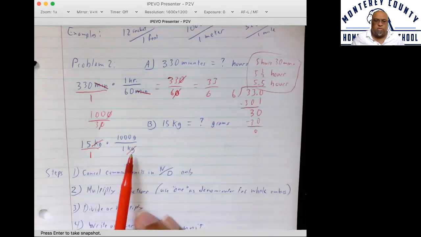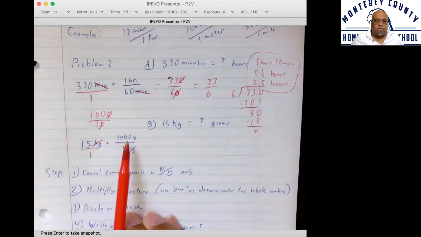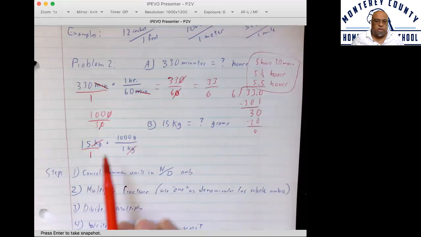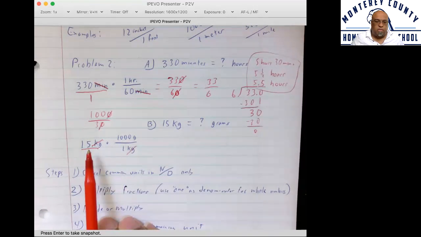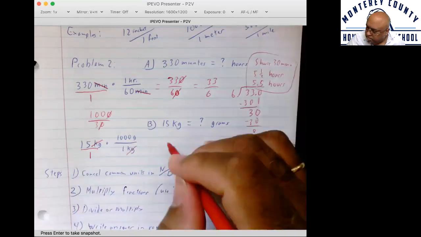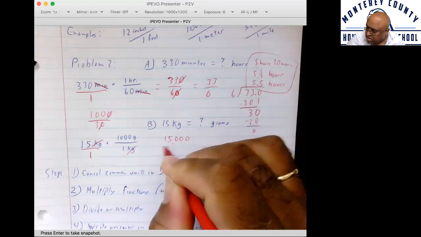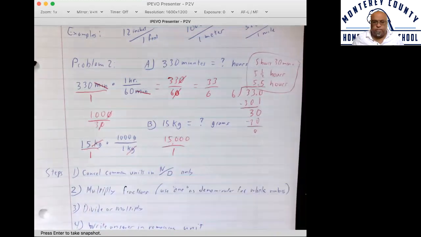Don't think of kilogram as a variable, but it's an actual thing that we're canceling out because we're trying to find grams here. So now we multiply across, so 15 times 1,000 would be 15,000. 1 times 1 is 1.